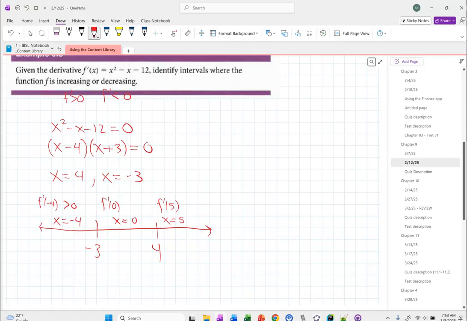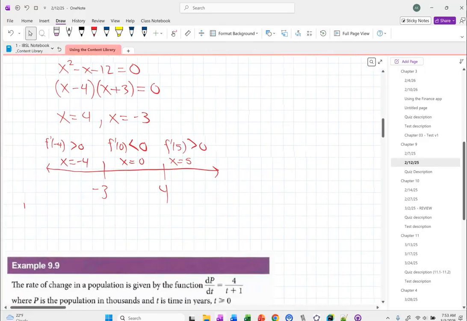I'll do the same thing now with 0. 0 minus 4 is negative. 0 plus 3 is positive, and negative times positive is negative. And then I'll do the same thing with 5. So 5 minus 4 is positive. 5 plus 3 is positive. Positive times positive is positive. Okay.